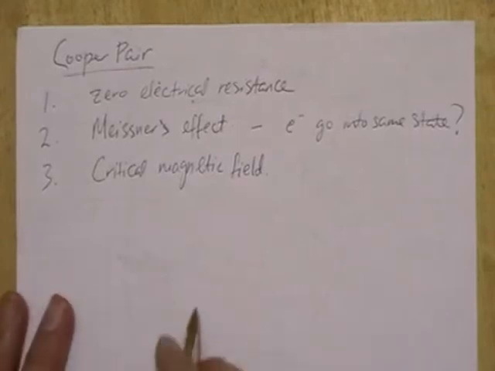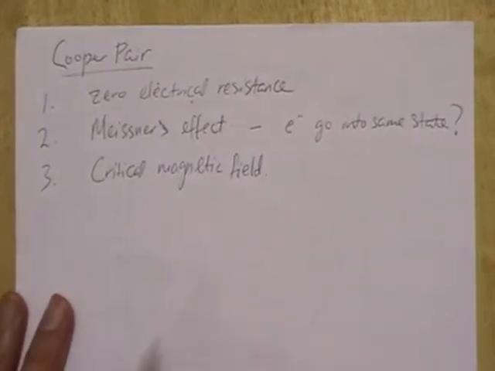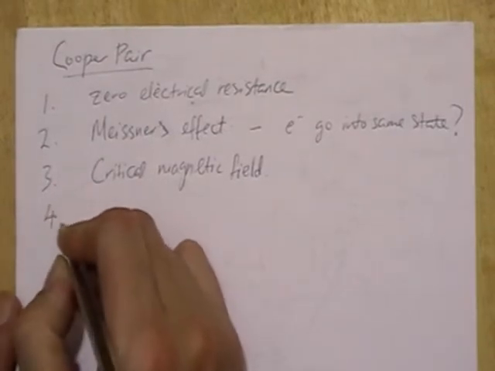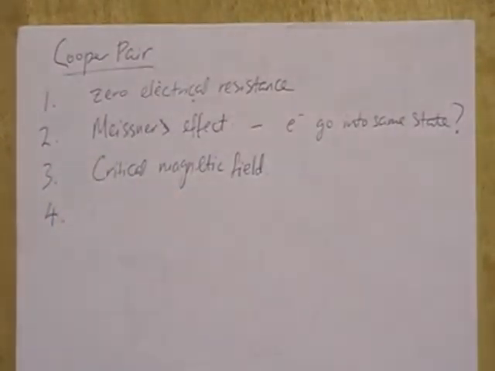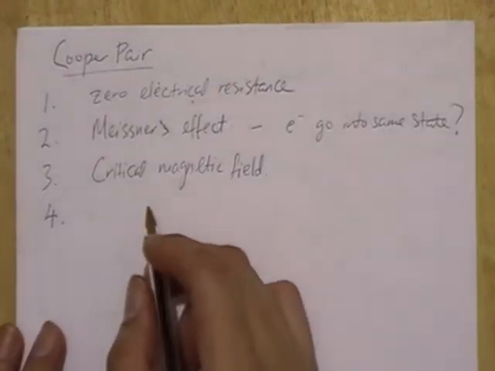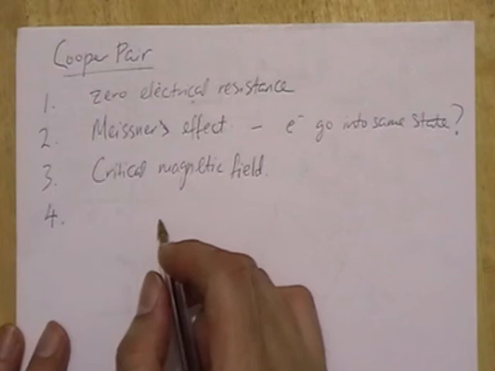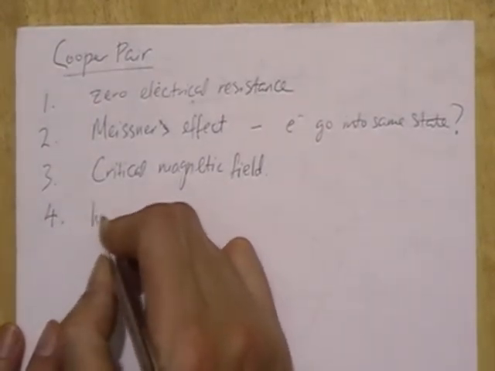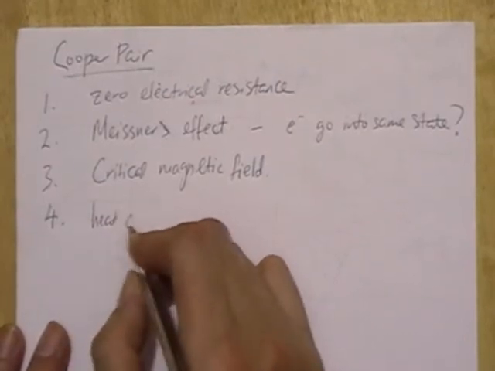Question is, why would a magnetic field have such an effect? Okay, next item. Now the next item here is the property of the heat capacity.